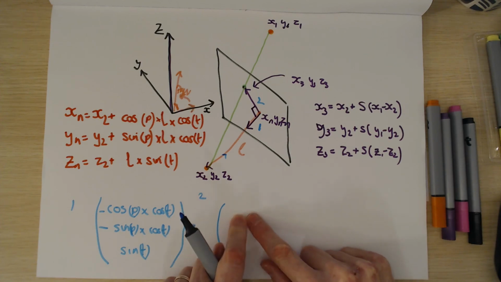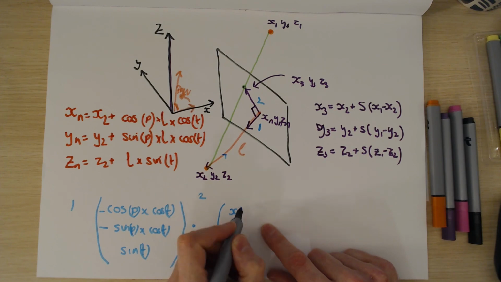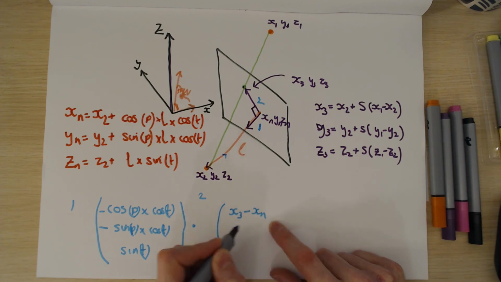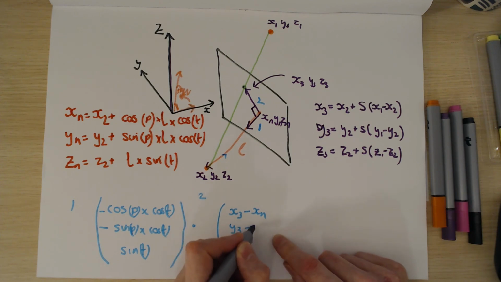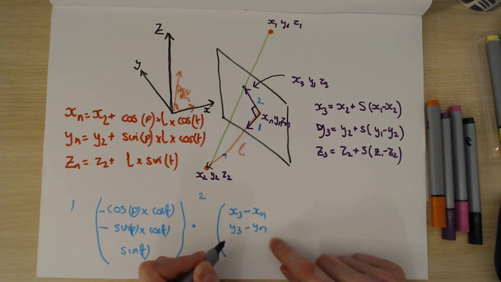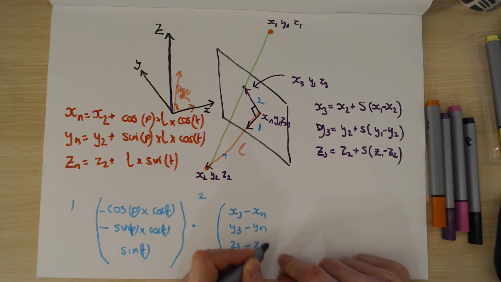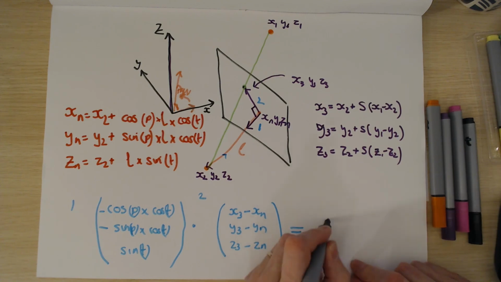It's actually x3 minus xn, y3 minus yn, z3 minus zn. Dot those two together, and we know that that equals 0.